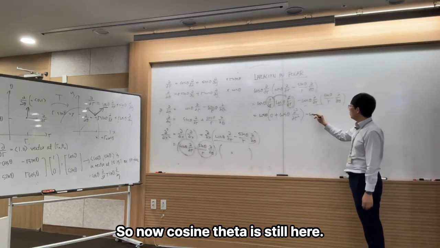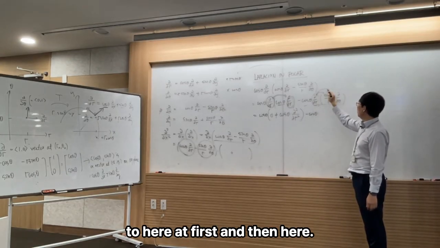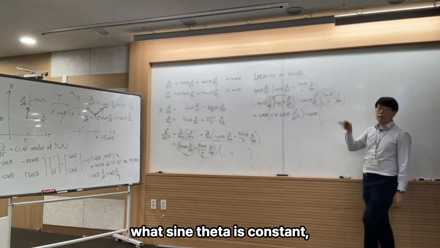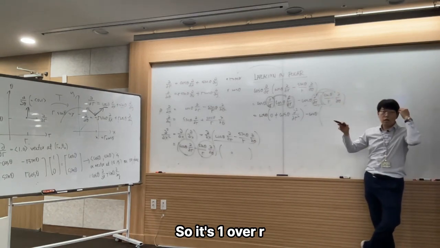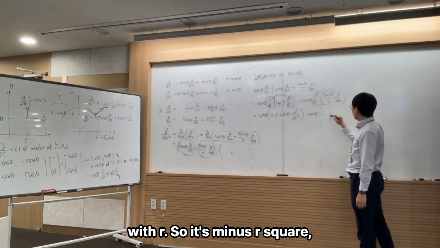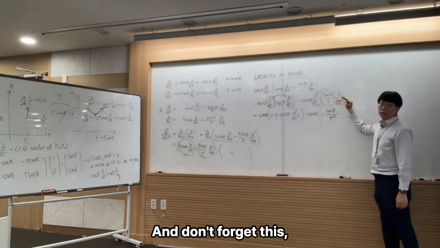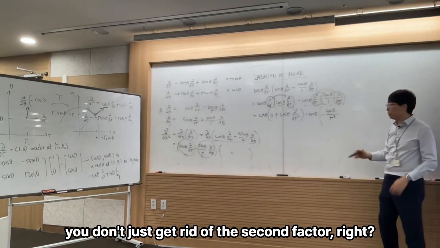Okay, then how about this? Cosine θ is still here. You want to apply this to here first, and then here. When you apply this first, sine θ is a constant, so just leave it as a constant. So it's 1 over r that you're taking the partial derivative of with respect to r. So it's minus 1 over r squared, and sine θ. And don't forget, when you do the product rule, you don't just get rid of the second factor, right?